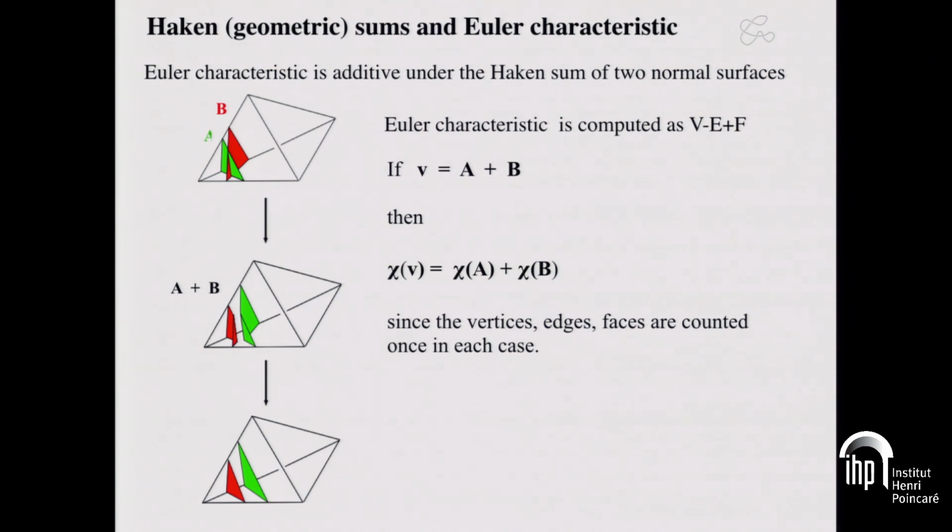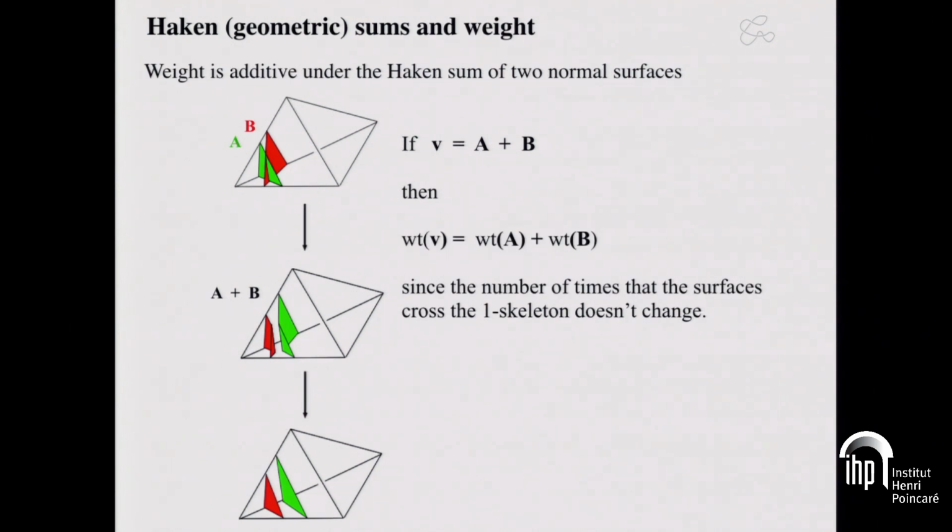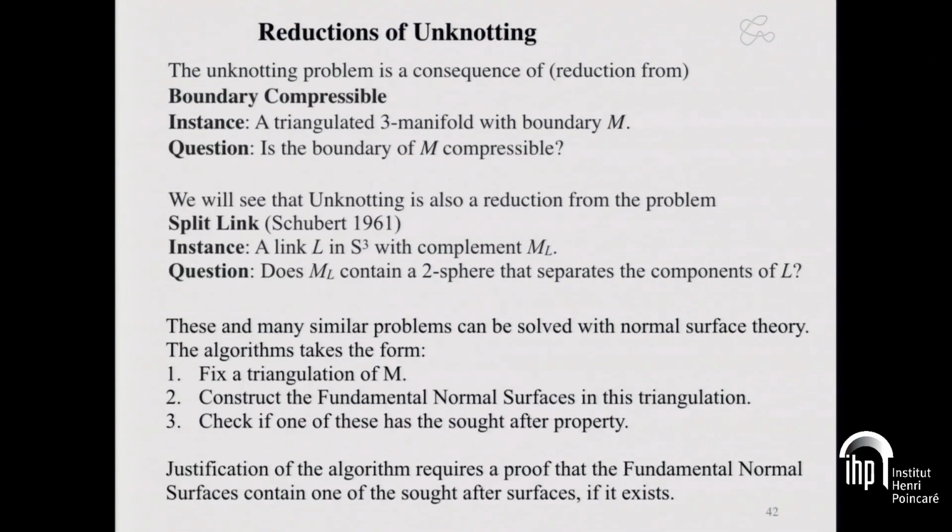So Euler characteristic is compatible with addition. And so is weight. Weight, remember, the weight of a surface is how many times it intersects the edges of the triangulation. And again, this geometric process does not change that. So it is preserved by addition. And those are two very useful facts.